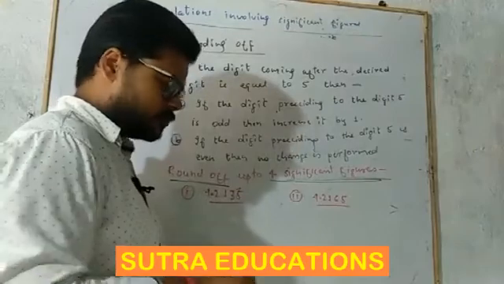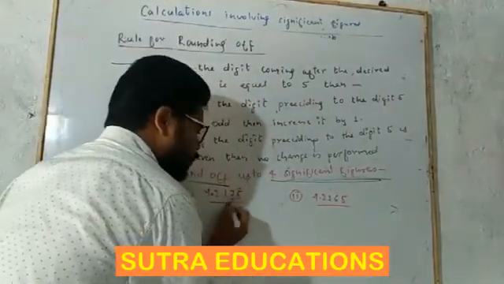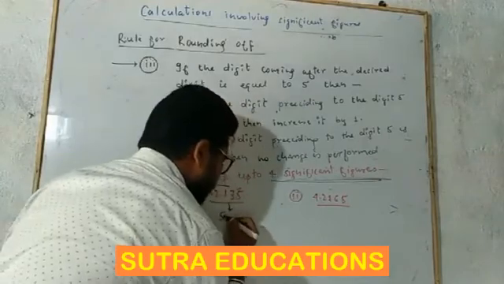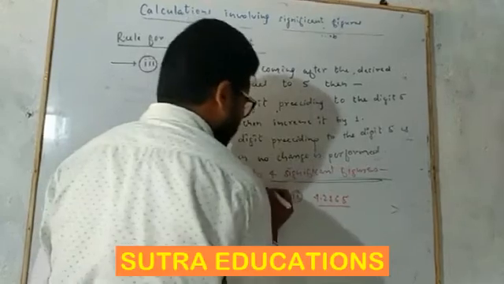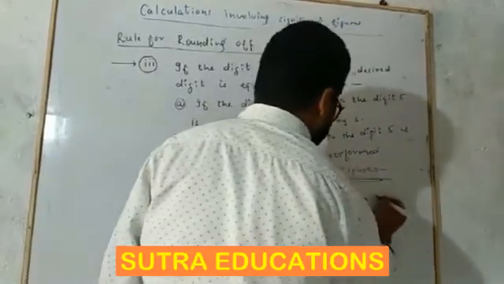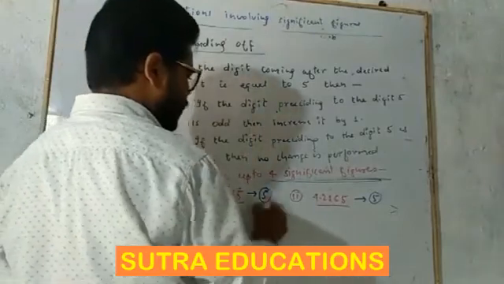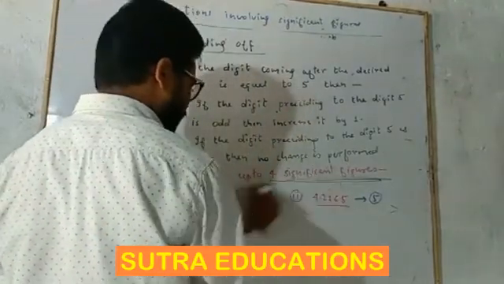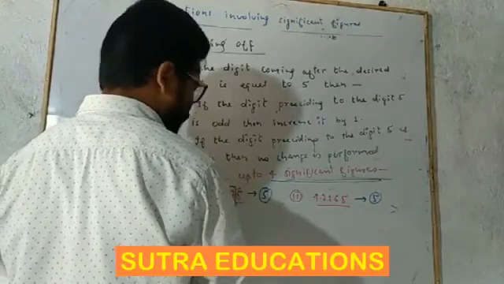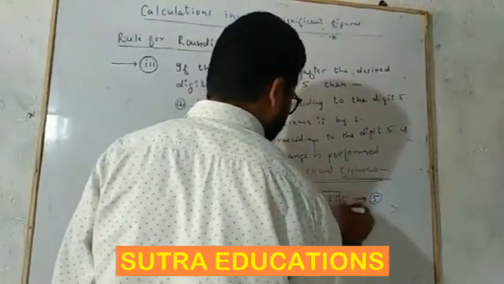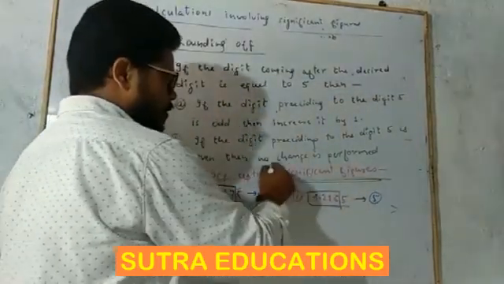So in this question 4.2175, 5 significant figures are present, and here again 5 significant figures are present. Our desired digit is up to 4 significant figures, means up to 7, and here up to 6, because we have to write in 4 significant figures.